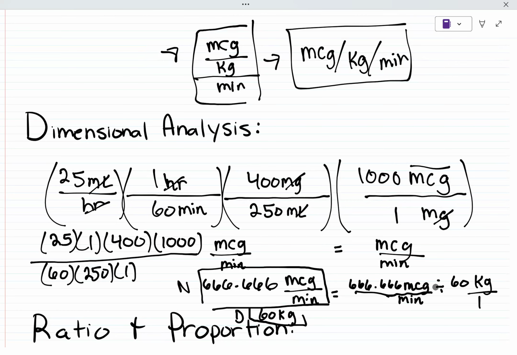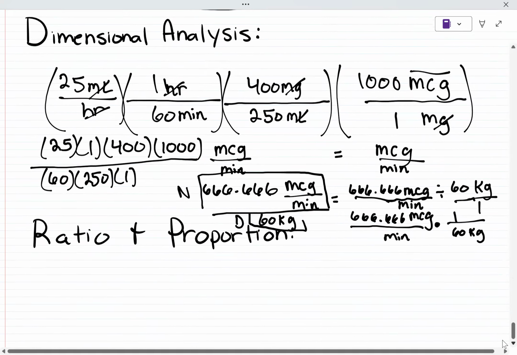Then you can change this divide sign to multiplication. If you do that, you're going to have to flip this, so it's going to be 1 on the top and 60 kilograms on the bottom. And this stays the same: 666.666 mcg over minute.